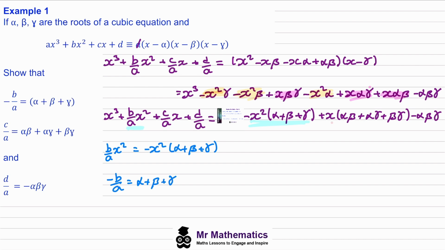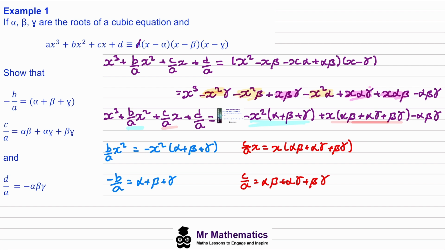And if we equate the x terms, then c over a multiplied by x will be equal to x multiplied by alpha beta plus alpha gamma plus beta gamma. Dividing both sides by x, we have c over a will equal alpha beta plus alpha gamma plus beta gamma.